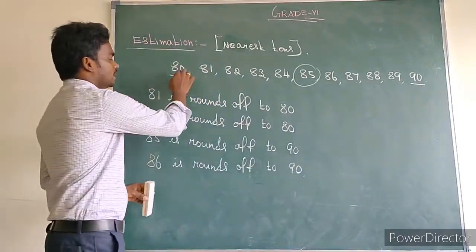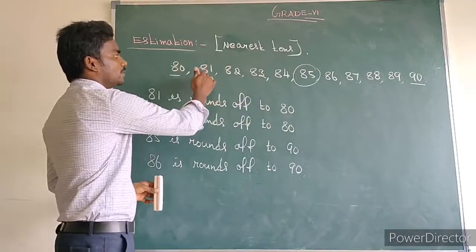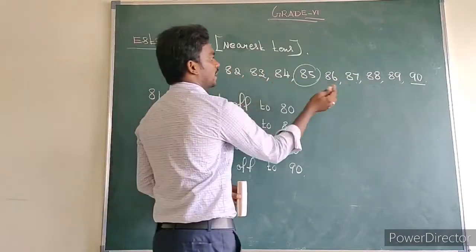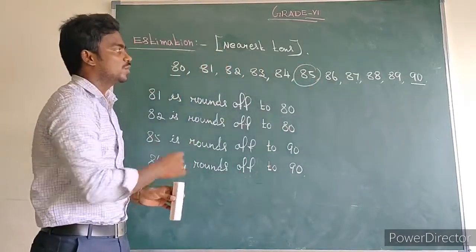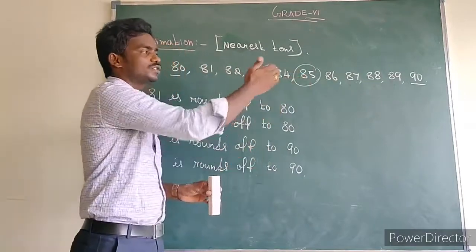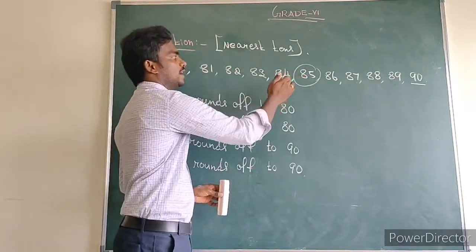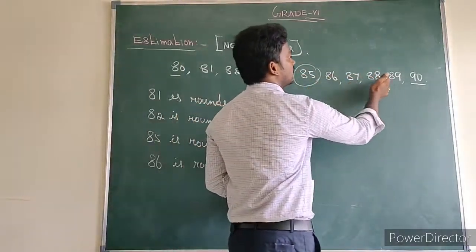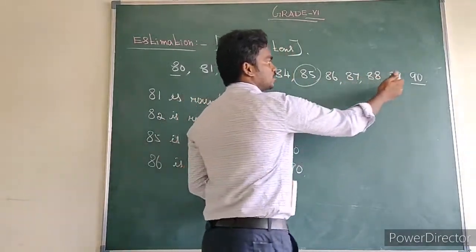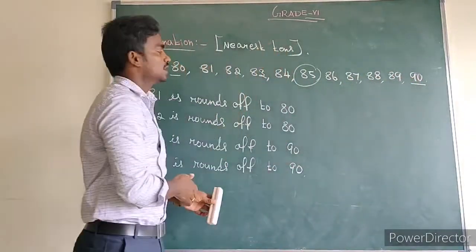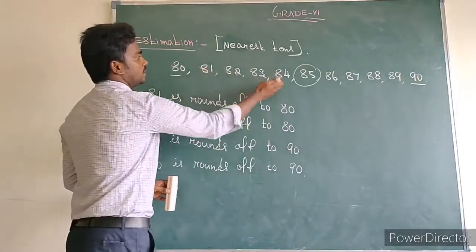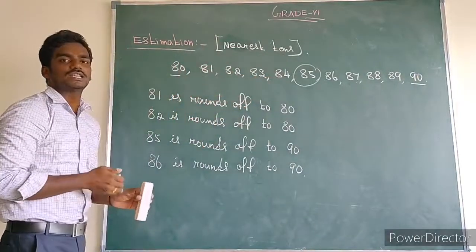So between 80 and 90 we have the numbers 81, 82 up to 89, and 85 is the middle value. But generally 85 is nearest to 90. After 85, the numbers 85, 86, 87, 88, 89 are all nearest to 90. That means nearest tens. And the numbers 81 to 84 are nearest to 80.